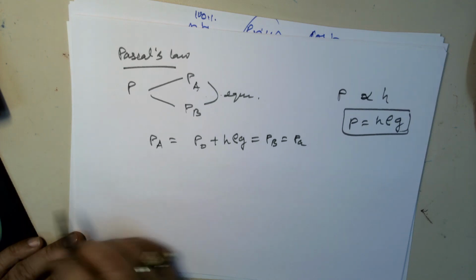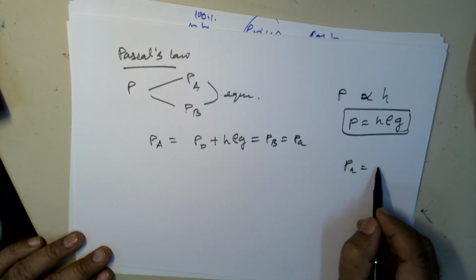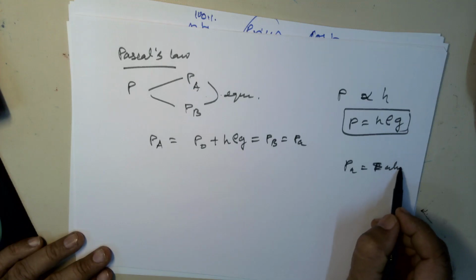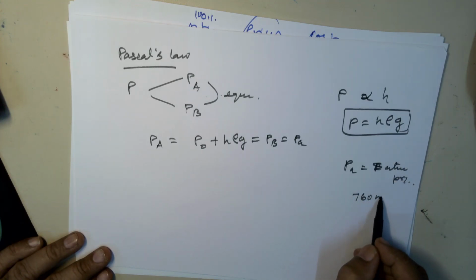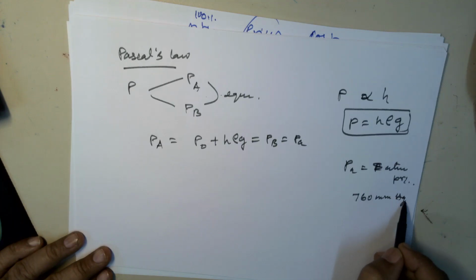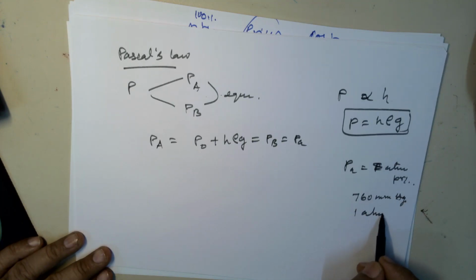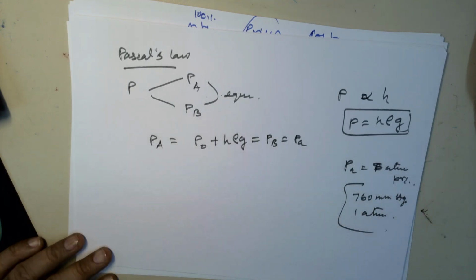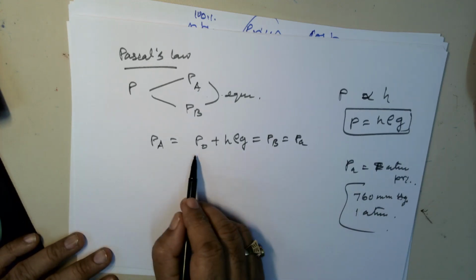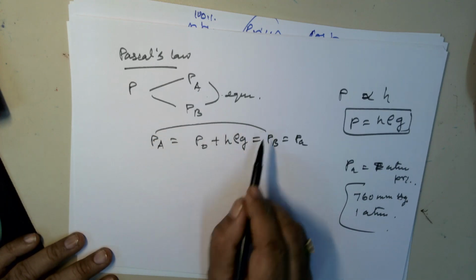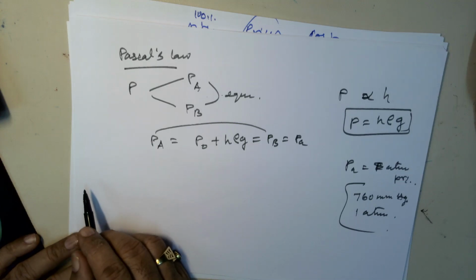Take down. PA is the atmospheric pressure. What is atmospheric pressure? Usually 760 mm Hg, in terms of atmosphere, 1 atmosphere. Okay, that is a standard state.